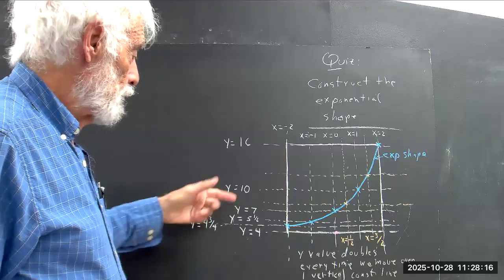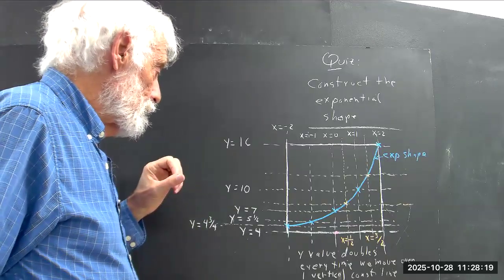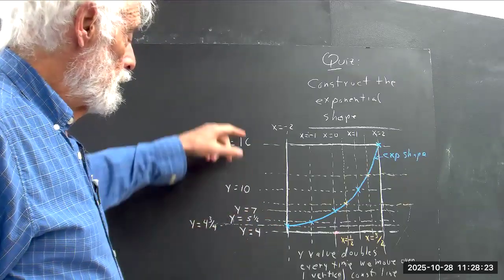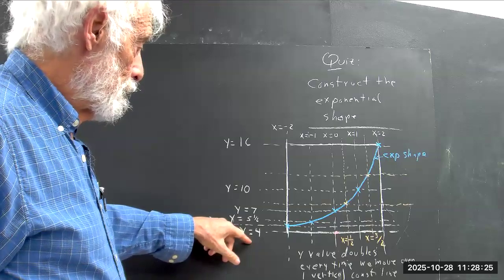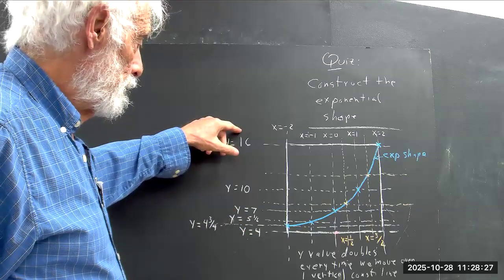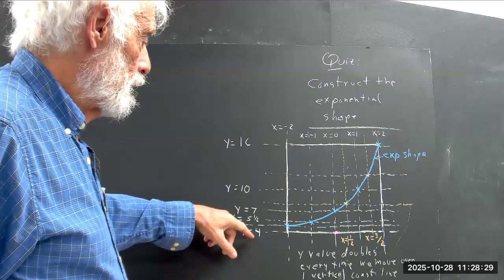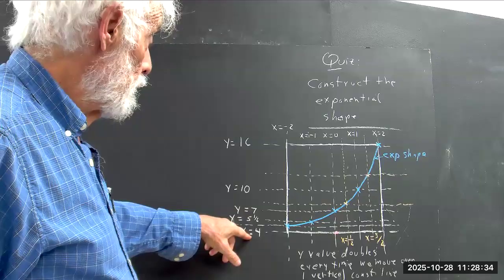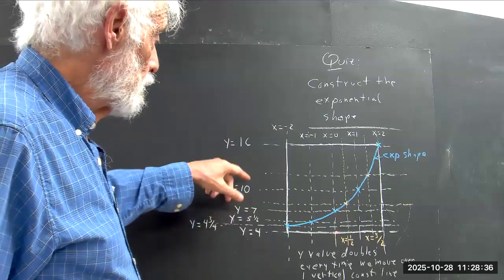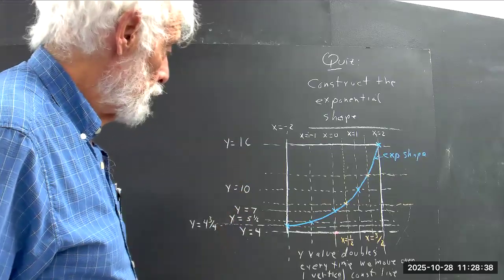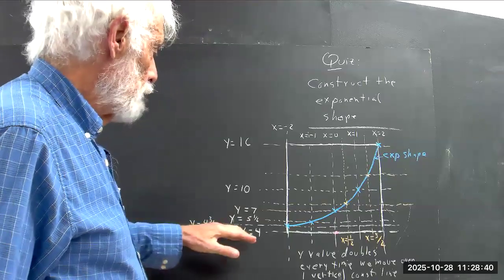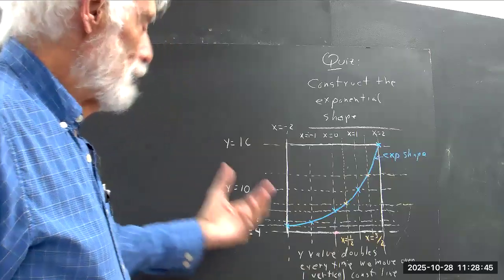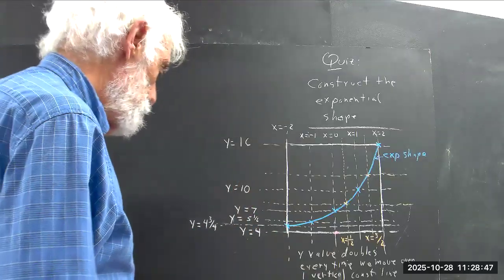Okay, and remember, each of these values is calculated by averaging the y value at the lower edge with the y value just above the line we're labeling. Okay, forget that statement, what I said earlier.